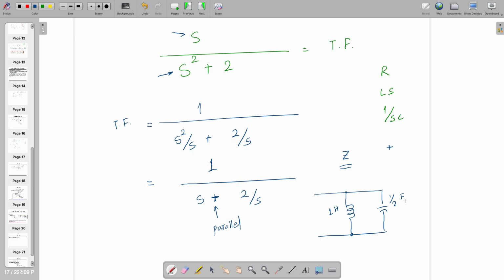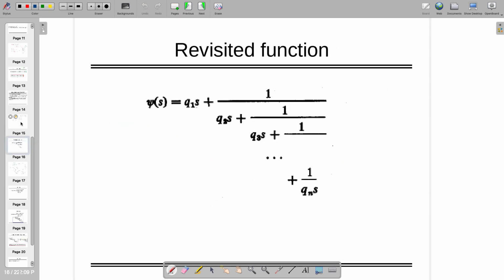By the way, if you observe this equation, let's assume that this psi of S is an impedance which I want to create. So what is the unit of this one? This is Henry, right? 1 Henry, and this is going to give you the impedance. But what about this one?